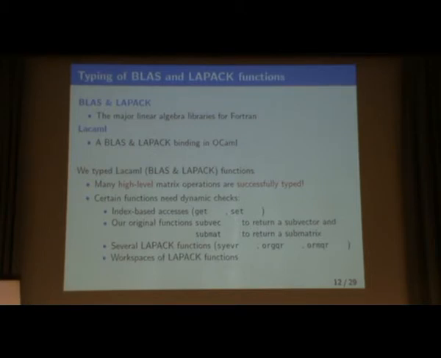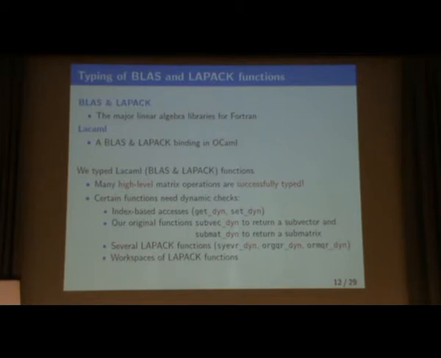And some functions needed dynamic checks. Like index-based access get and set, and some subvector or submatrix operations, and certain library functions, especially about workspaces. The original BLAS and LAPACK libraries are Fortran libraries with very explicit workspace allocation.